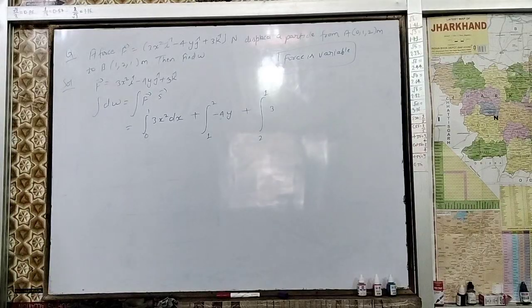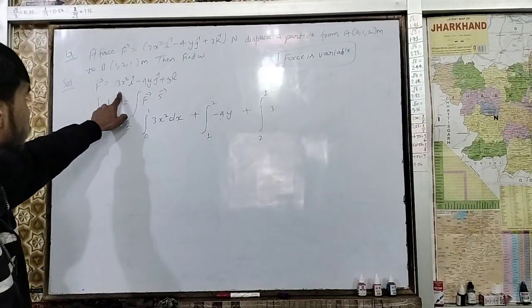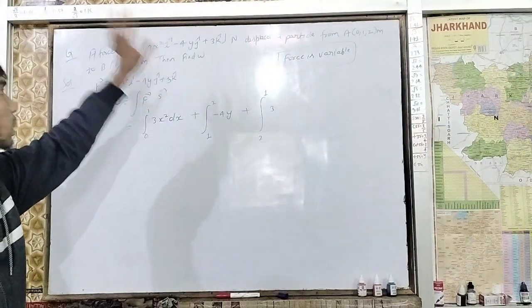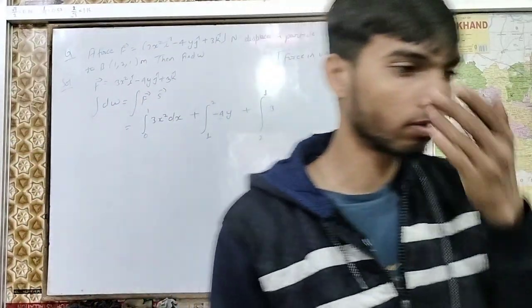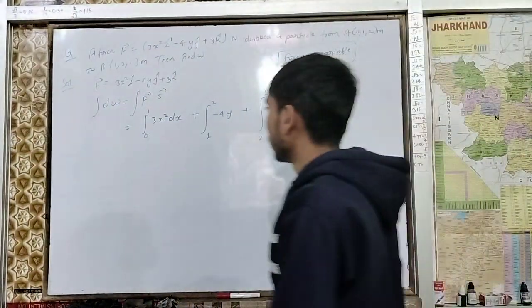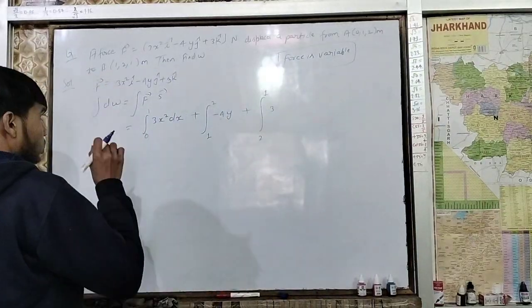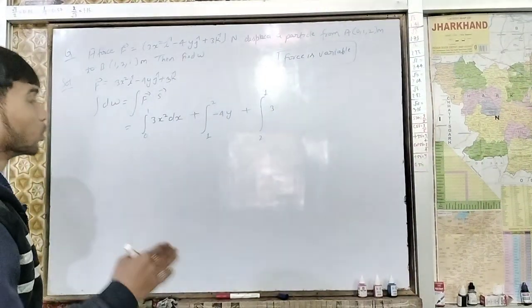That is how you will solve: first the integration of the first variable, then the second variable, then the third variable, with limits. You know from where the limits will come. Just substitute, but first of all integrate it.